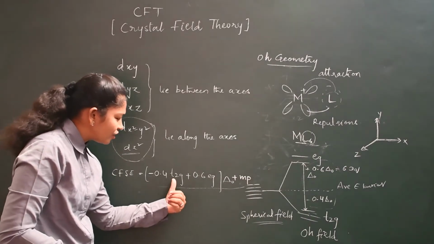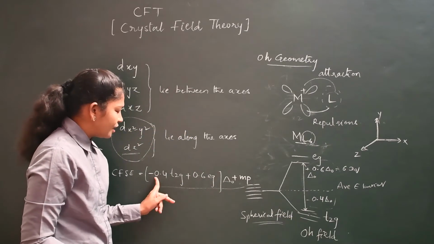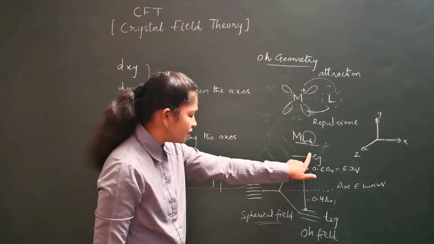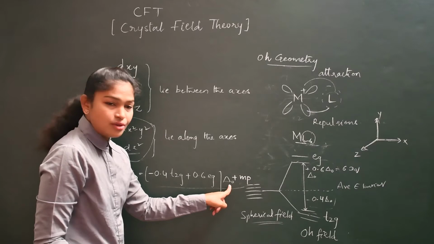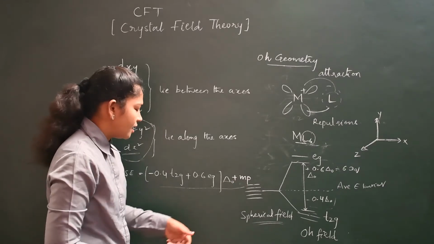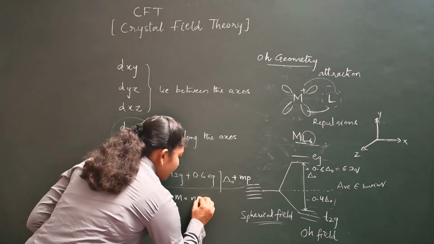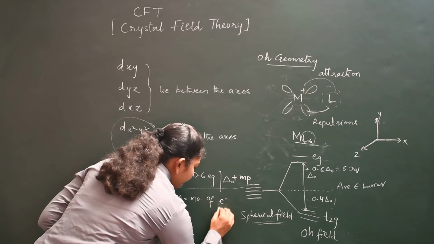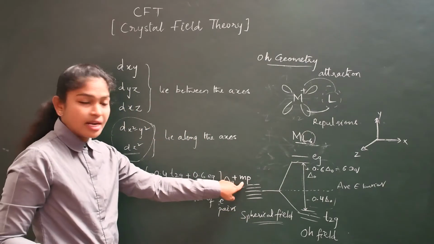That means whatever electrons are in T2g are multiplied by minus 0.4, and whatever electrons are in eg are multiplied by 0.6, into delta naught, plus mP. Here m is the number of electron pairs.